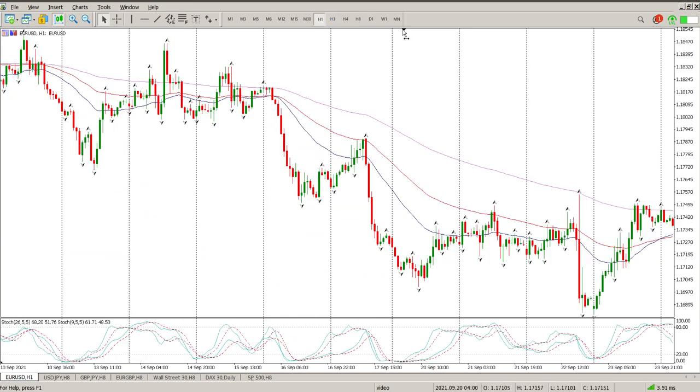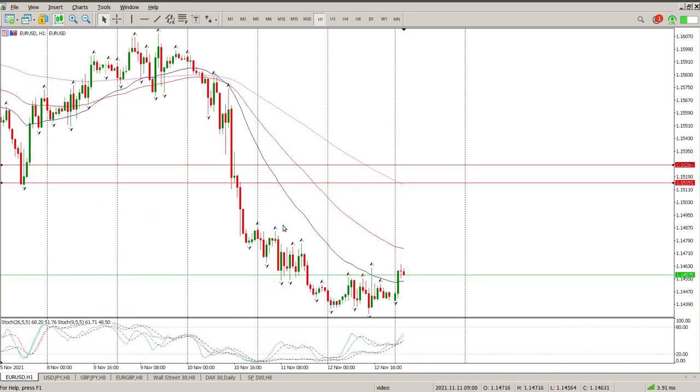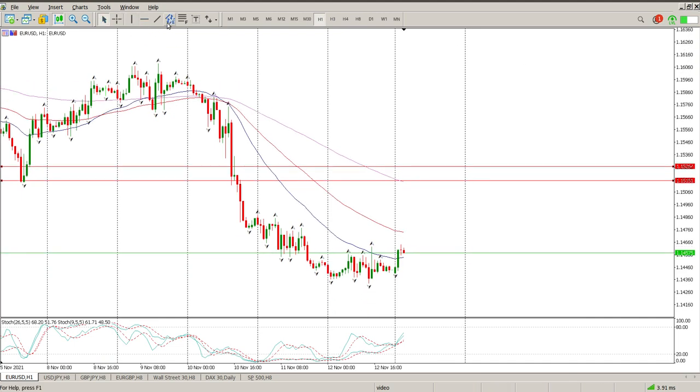If we move down to the hour, not much to see. Looks like a bit of a range. So let's just get our channel tool here. Friday was very much a nothing day. If you look at that, sideways, no real price action at the moment.